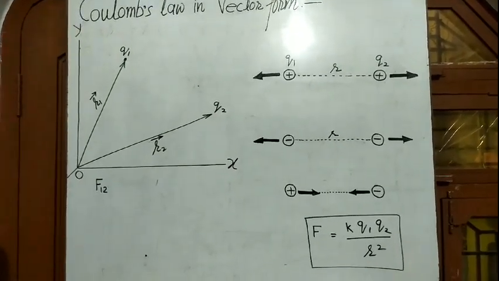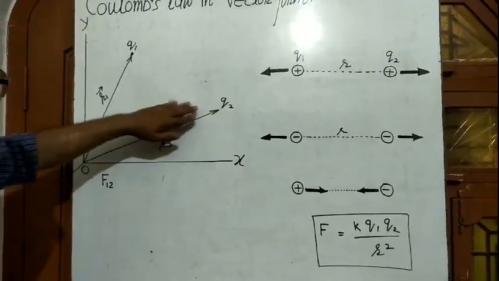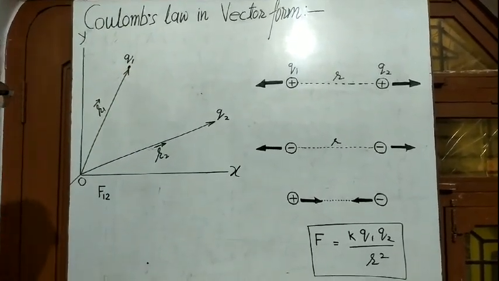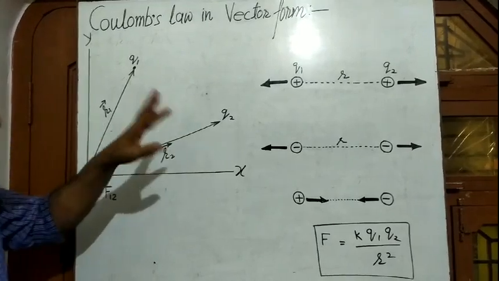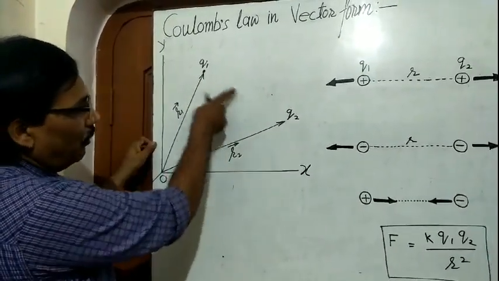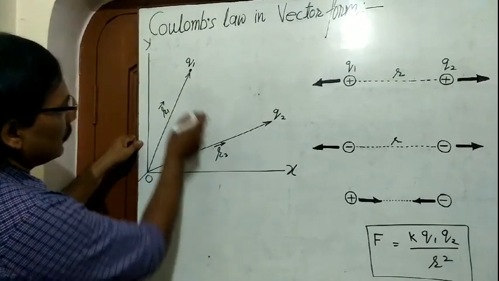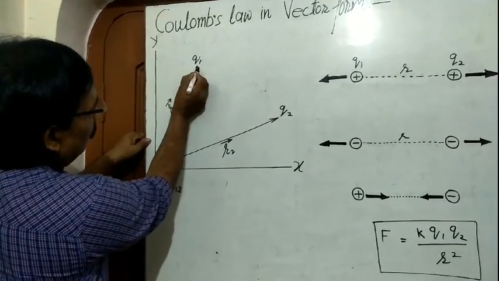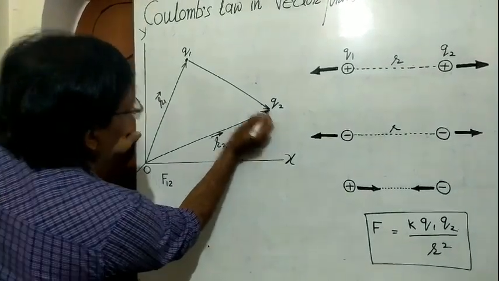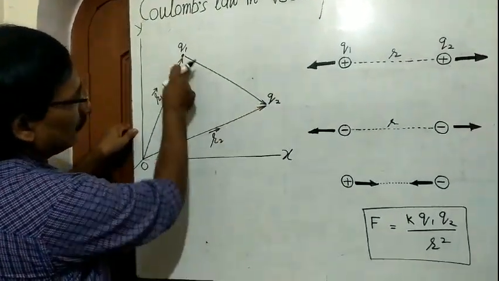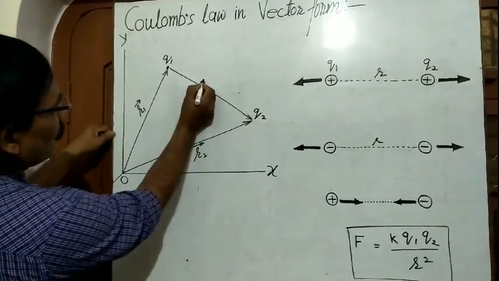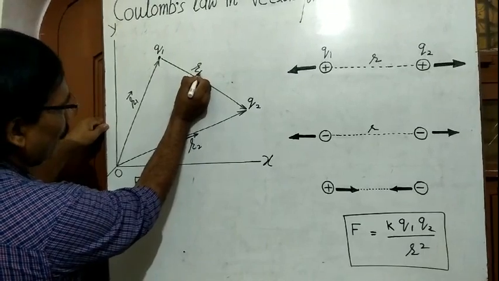Now, the force will act along the line joining these two charges. The displacement vector of charge Q2 from Q1 is shown like this, from Q1 to Q2, from 1 to 2.